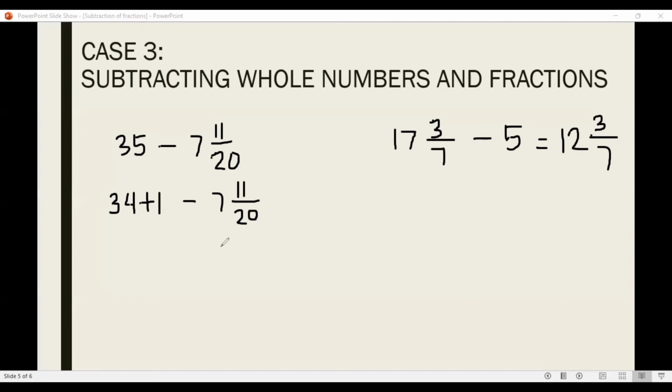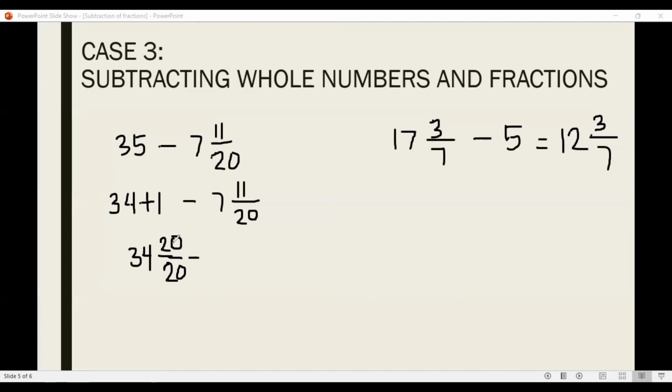And since we want to work with fractions which are similar, we will be choosing the denominator which is already existing in the subtrahend. Because for that one, we can actually have 2 over 2, 3 over 3, 4 over 4, 5 over 5, because all of those are equal to 1. But since our aim is for them to be similar fractions, we will be renaming that one that we borrowed from the 35 to 20 over 20.